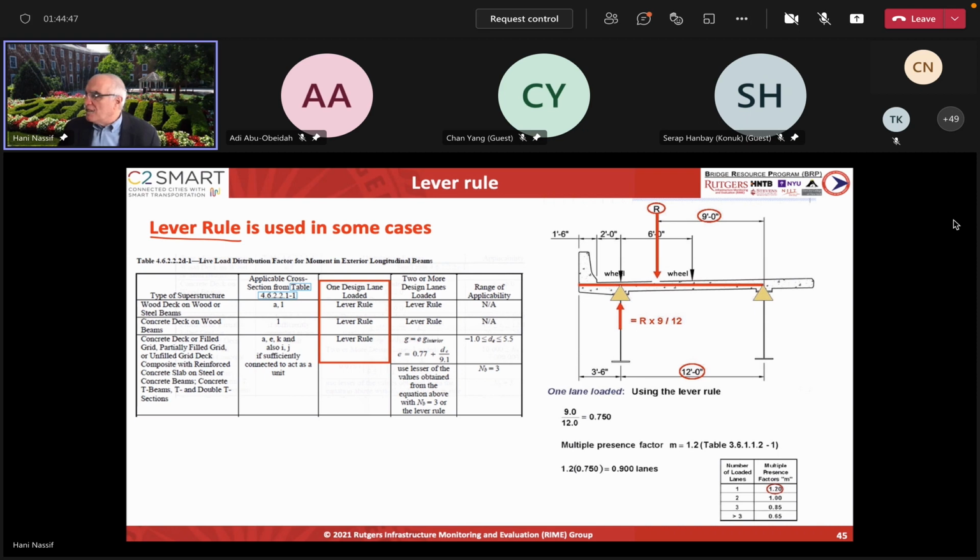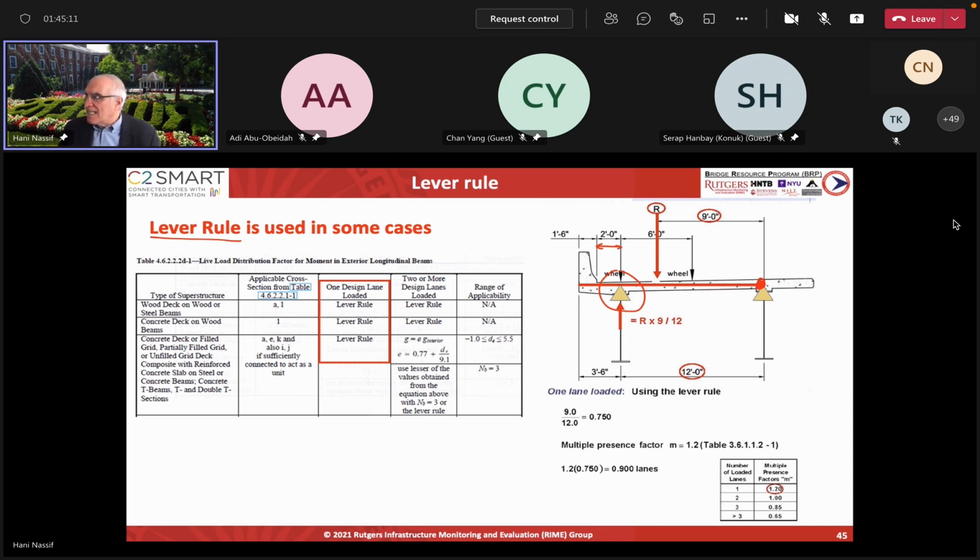Well, especially for the exterior girder, it says to assume there's a hinge here, and you have a simply supported beam with a propped cantilever here. You apply a load and find the reaction. These are the wheel loads, so you find the resultant of the wheel loads, and the maximum you can put the wheel load is 2 feet from the edge of the curb.